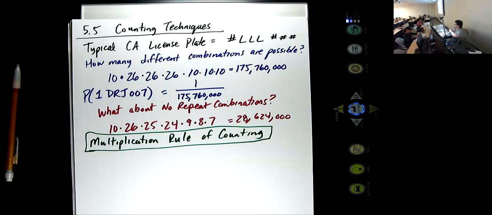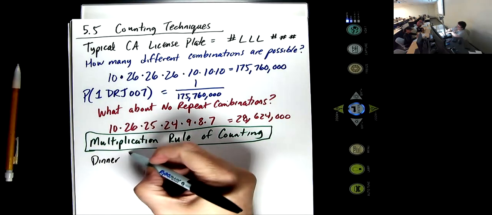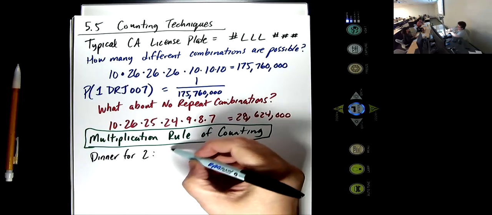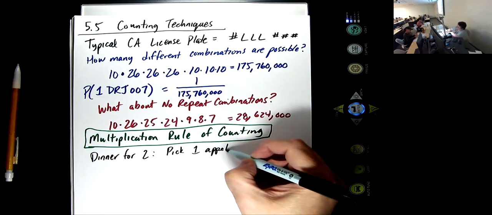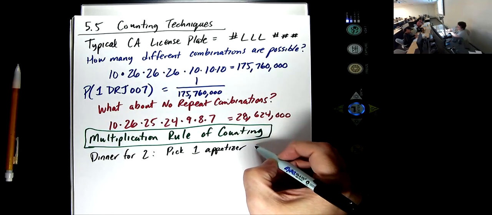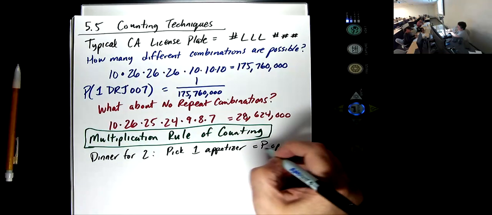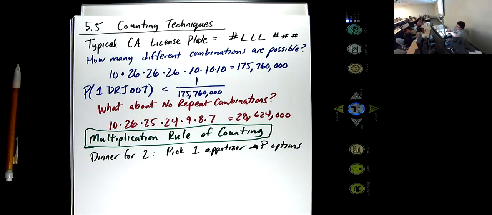So you know, like you go to Chili's or Applebee's, they have that dinner for 2. Pick a restaurant. There's a good chance they have a dinner for 2 option, and you can pick one appetizer out of, let's say, P different options. Each place is different on how many they offer.